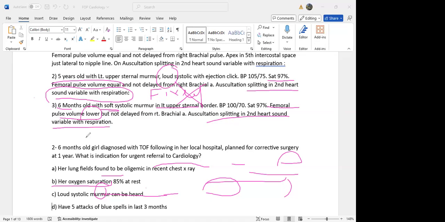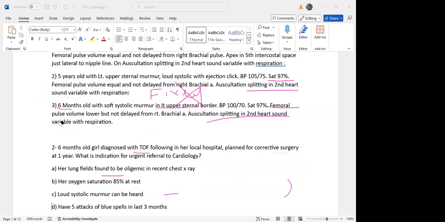Good. Next question. This is a 6-month-old girl diagnosed with TOF. She was diagnosed at 6 months in the local hospital, and they planned corrective surgery at 1 year. What is the indication for urgent referral to cardiology?